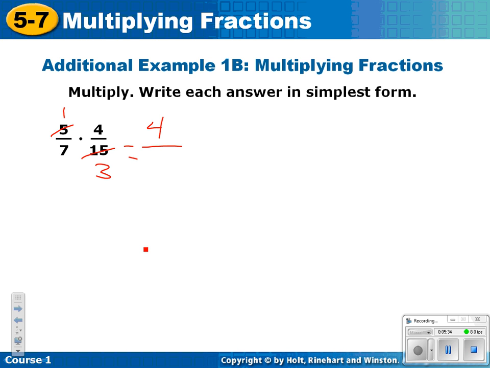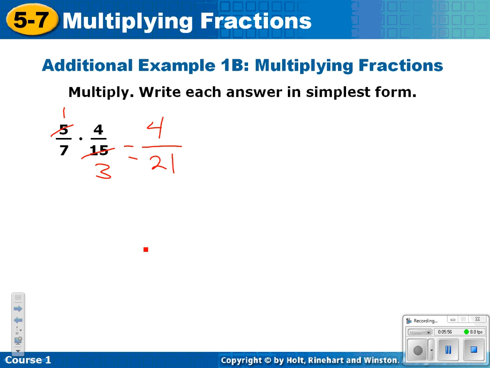Like I said, yes, you could do it the other way and reduce at the end. You could. But knowing how to do this is a skill that you need to have.